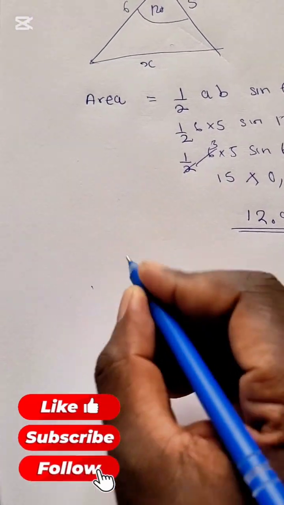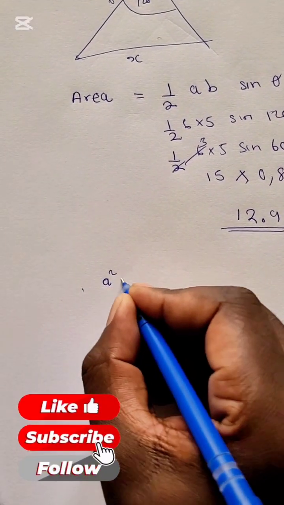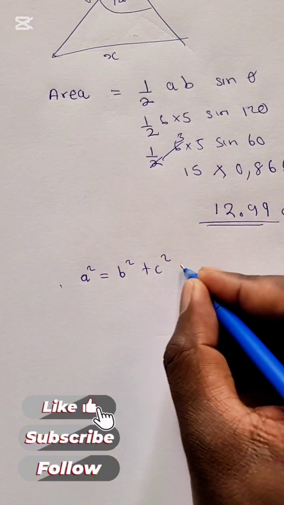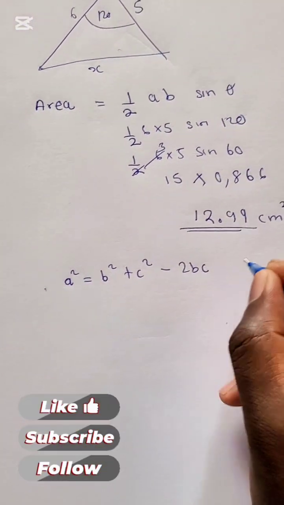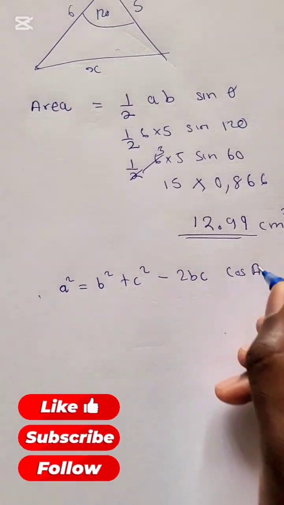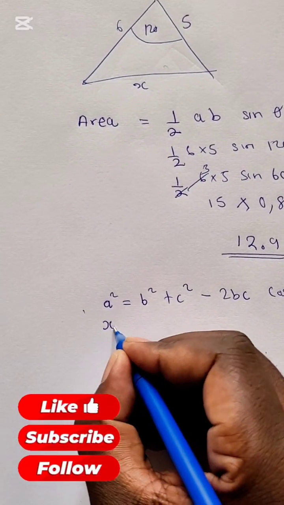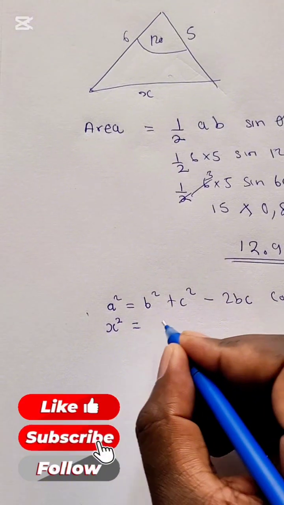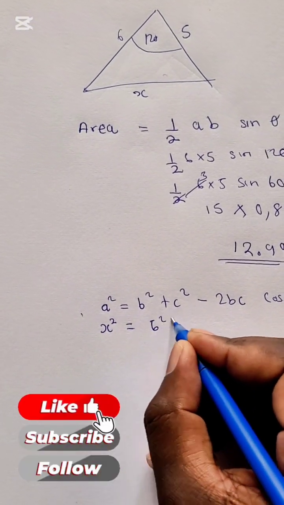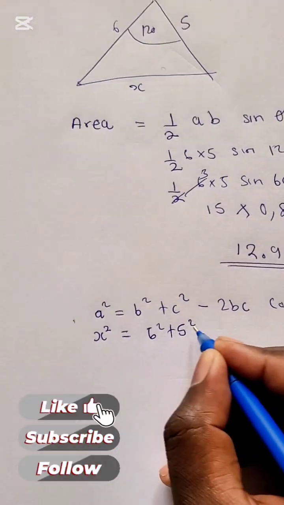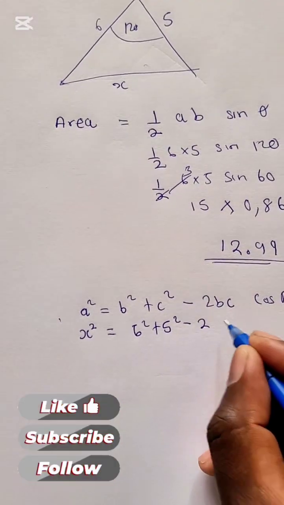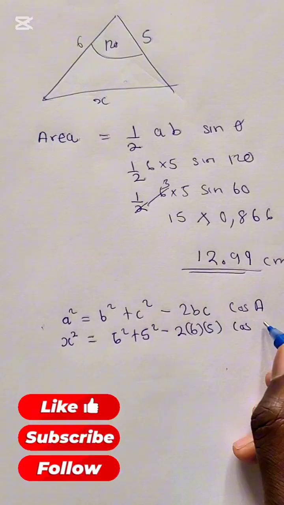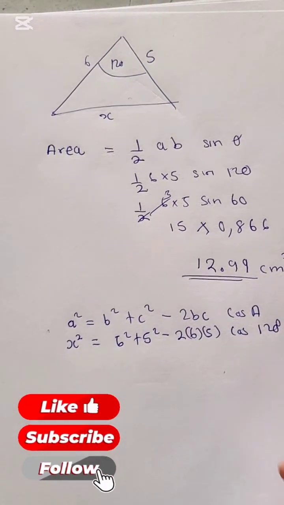So we're going to use this formula: a squared is equal to b squared plus c squared minus 2bc cos A. So this remaining side, let's call it x. So x squared is equal to 6 squared plus 5 squared minus 2 times 6 times 5, then cos 120.